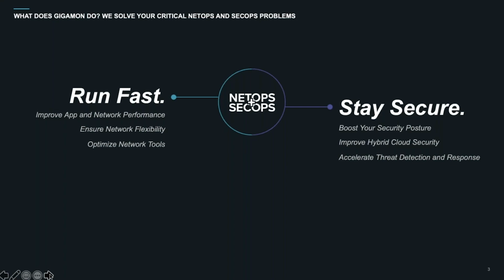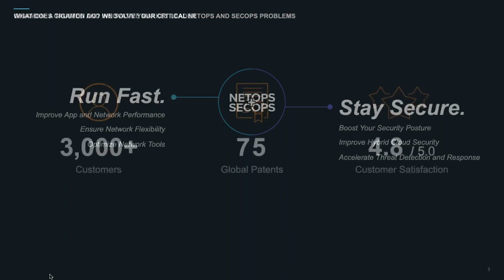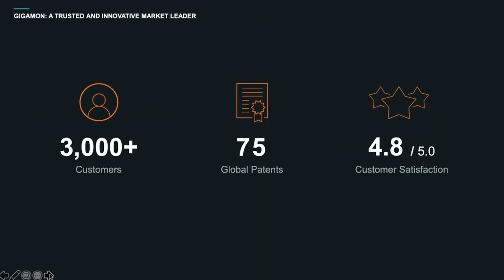So, a little bit about what we do, talk very, very briefly about some of our credentials in the market. So we now have over 3,000 customers worldwide, and that includes 83% of the Fortune 100 companies, all 10 of the largest federal agencies in the US, 7 out of the top 10 regional banks, and global banks, that should be, and 8 out of the top 10 tech companies.